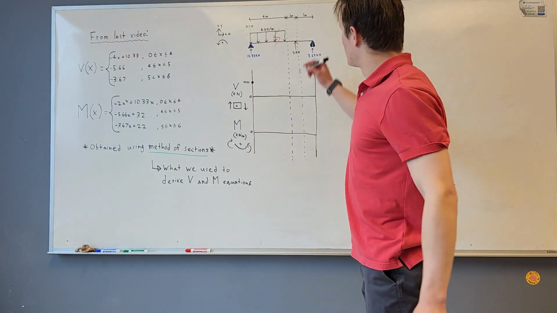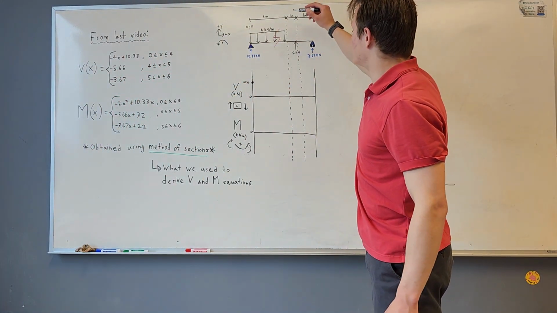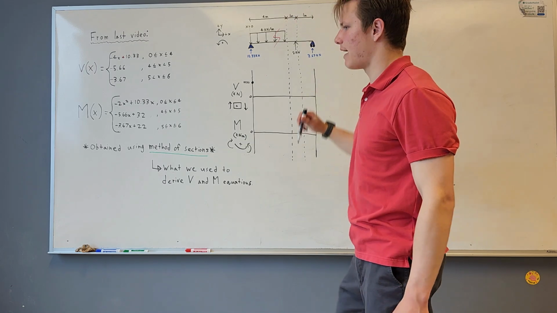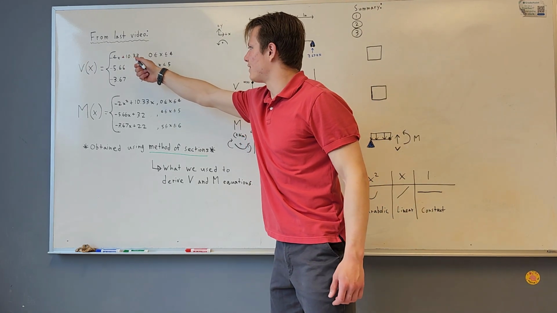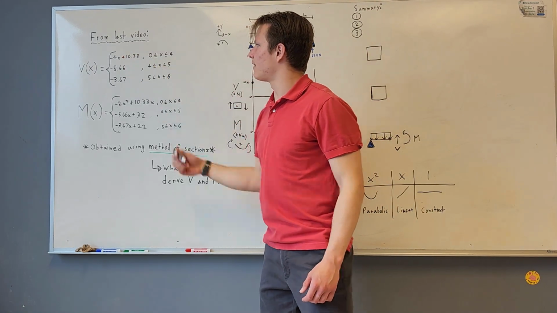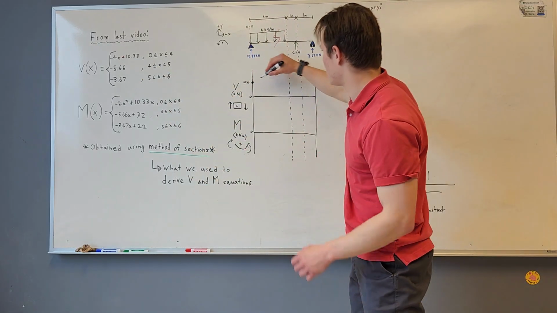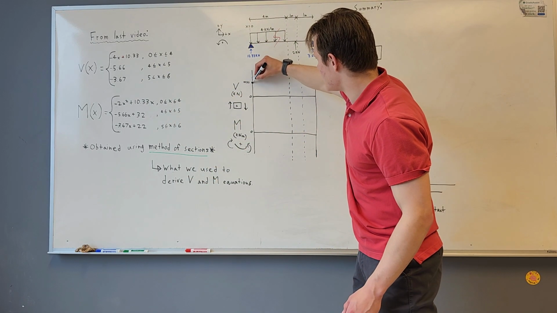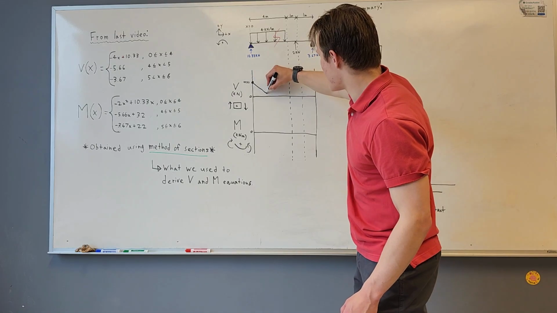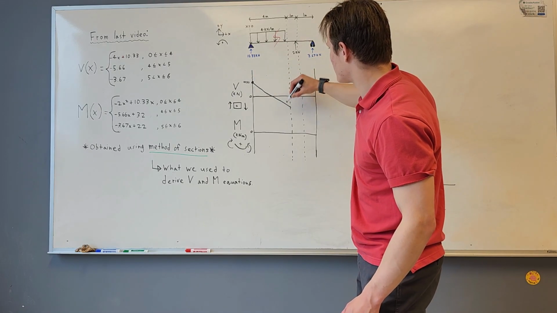So if we go all the way to x equals 4 here, we'll have a negative 16, and negative 16 plus 10.33 is going to be negative. So that tells me that we're going to go into the negative portion of our shear.